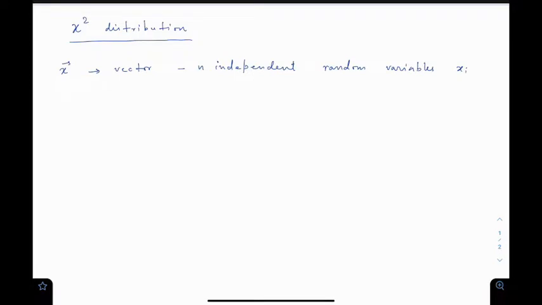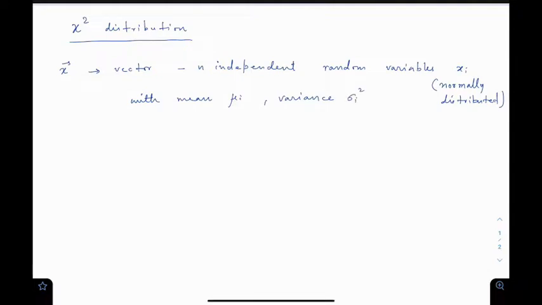Which also means that they follow the Gaussian distribution, and each of them has mean mu i and variance sigma i square.